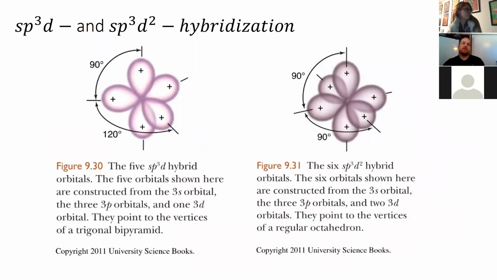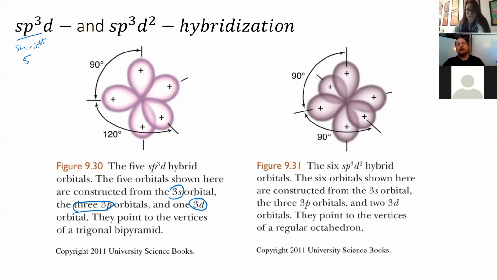And when it comes to sp3d and sp3d2 hybridization, what we're looking at here, if you have a steric number of 5, you're going to have sp3d hybridization. And this one comes from, as you can see, the 3s orbital, 3 3p orbitals, and 1 3d orbital.